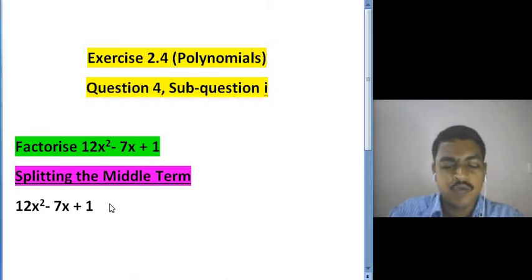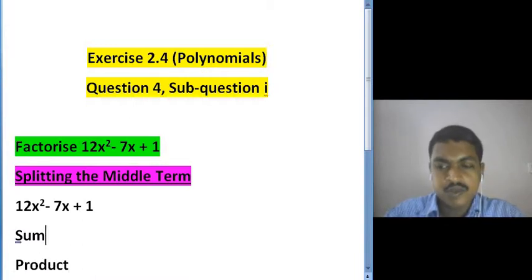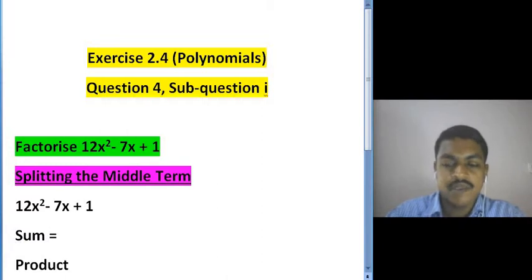Before we actually go about splitting the middle term, which is 7x, we have to understand two terms called the sum and the product. So what do you mean by sum? Sum is the term that comes with x. You see that there is a middle term here that is minus 7x.